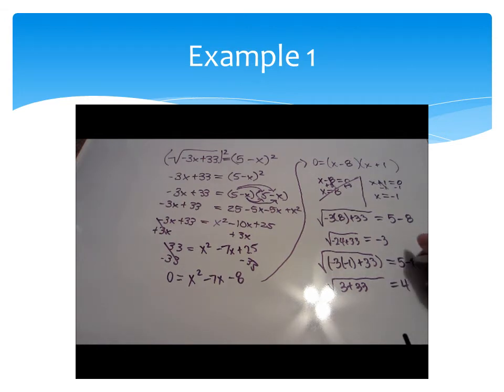Sorry, this is negative 1. 5 minus negative 1, because negative 1 was our x. So this is going to be 5 plus 1. So the square root of 36 is equal to 6. And the square root of 36 is in fact 6. So 6 is equal to 6. And that solution works. So our final answer is that x does equal negative 1, but cannot equal 8.